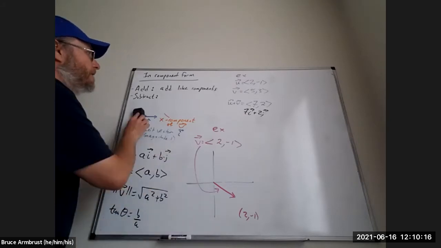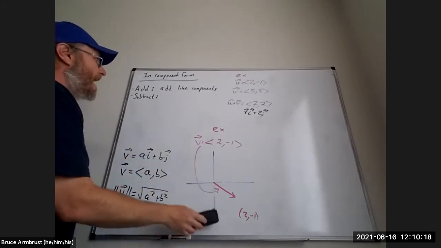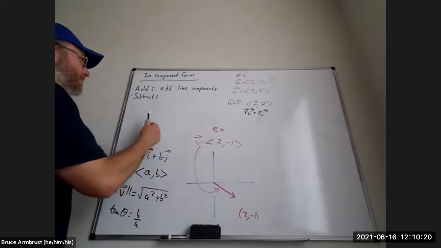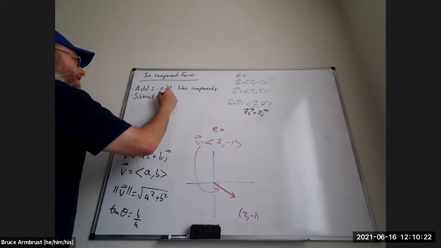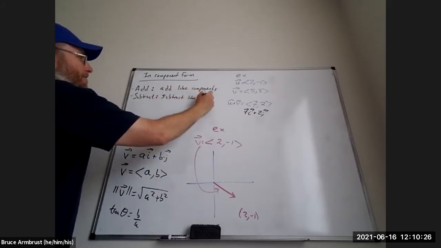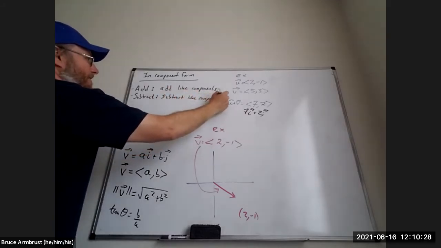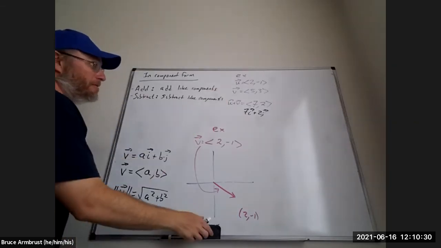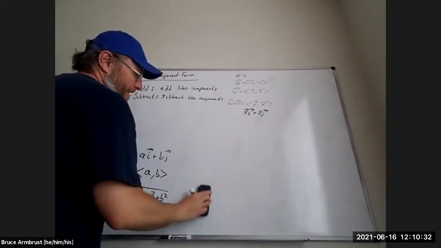All right, so to add, you add like components. Guess what you do to subtract? We subtract the like components. So let's do u minus v.